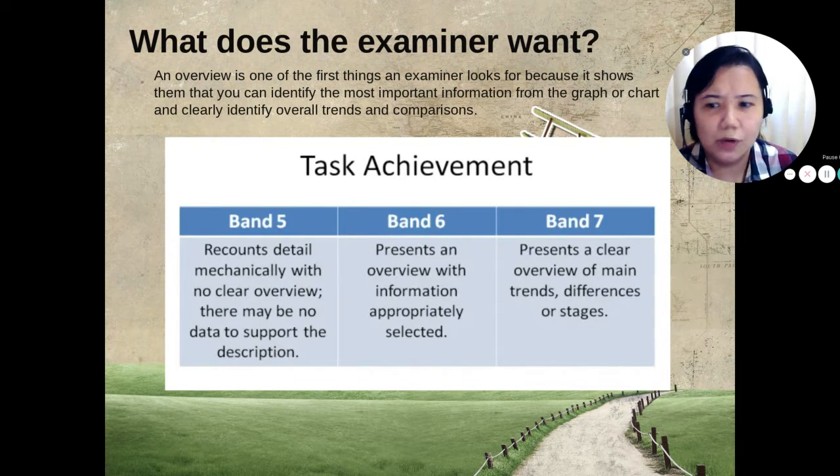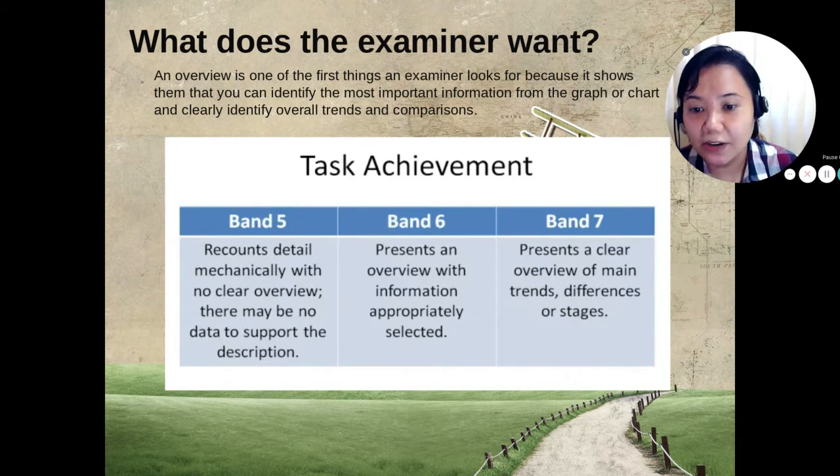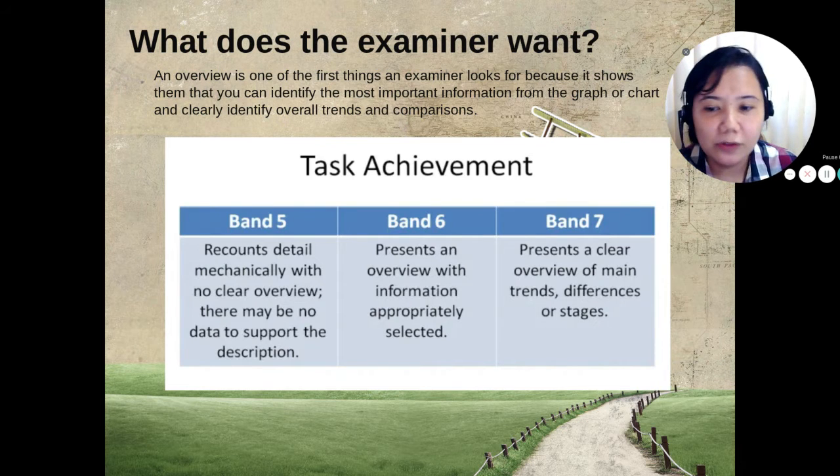If we do not give any overview, we'll always get below 5. If we select the appropriate data to include in our overview, we have a good score of 6. And if it is clear, we get a 7 for this part of the exam. If you know how to select the appropriate data and you're able to practice writing a clear overview, then you are likely to get the score that you deserve in this section.